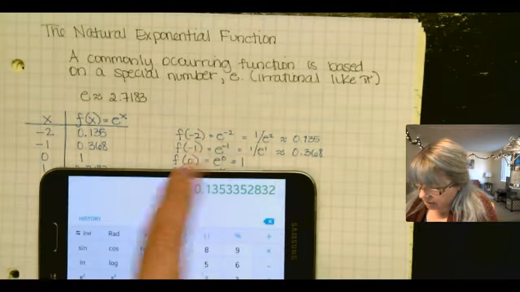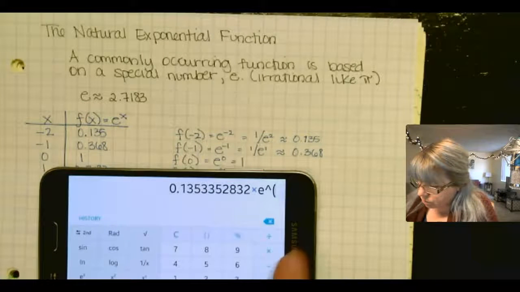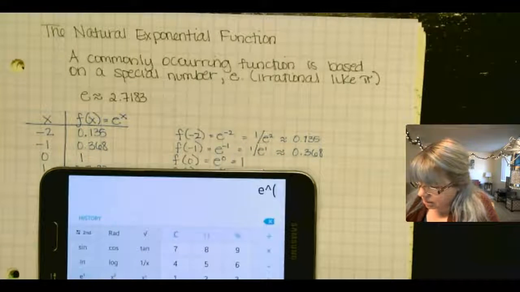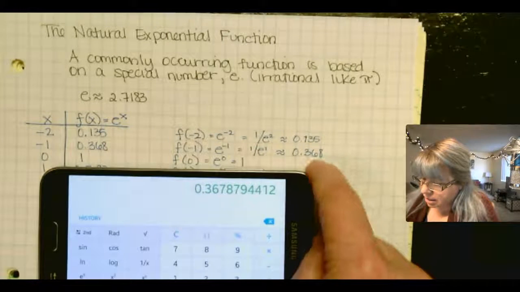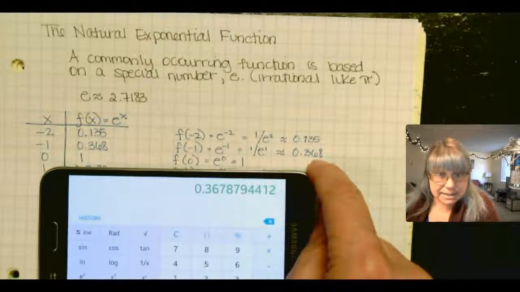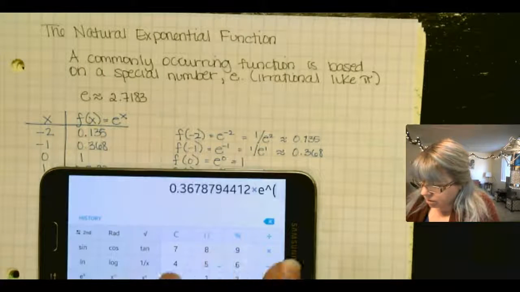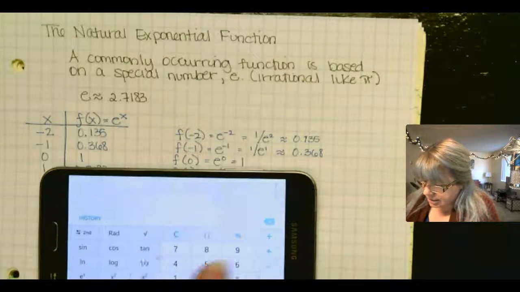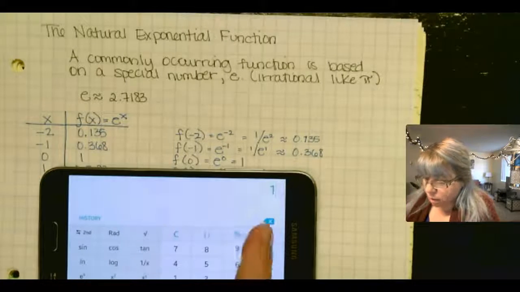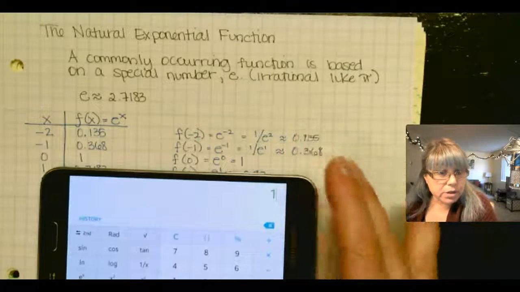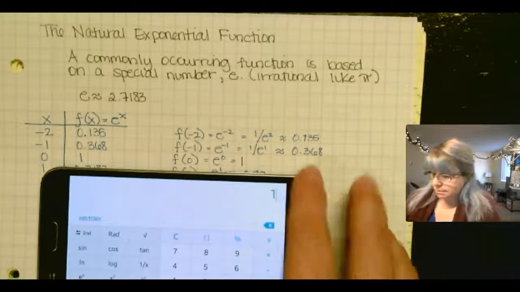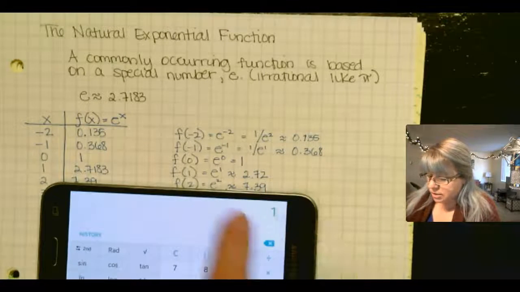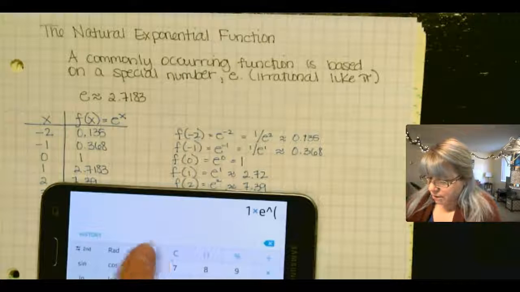The next one would be e to the -1. That's going to give me approximately 0.368. e to the 0, it's going to be 1, right? It's a real number, so any real number to the 0th power is going to be 1. e to the first, well, that's how we figured out on my calculator what it looks like.